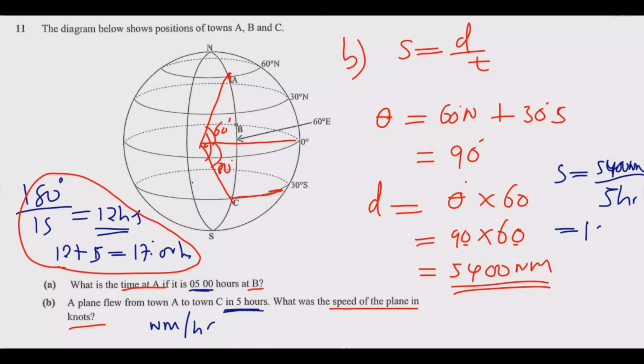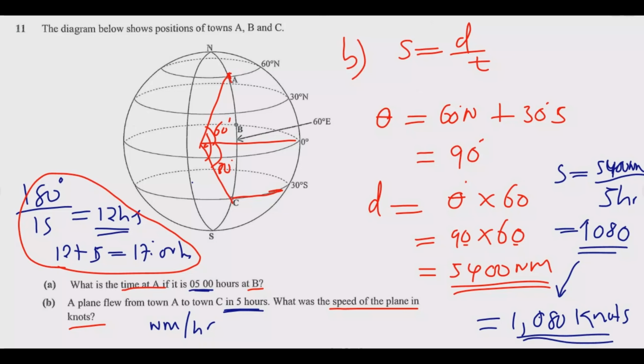Then 5 into 40 is 8, remainder 0. Then 5 into 0 is 0. So we are going to have 1080 knots as the speed.